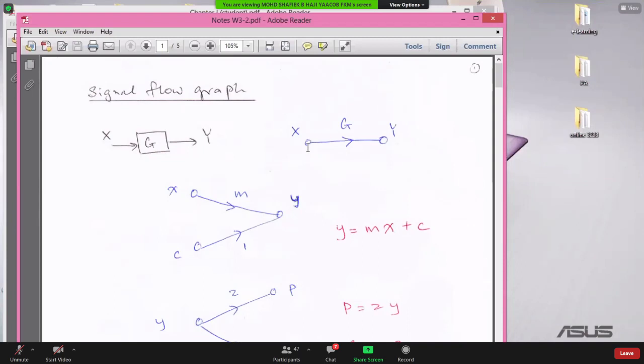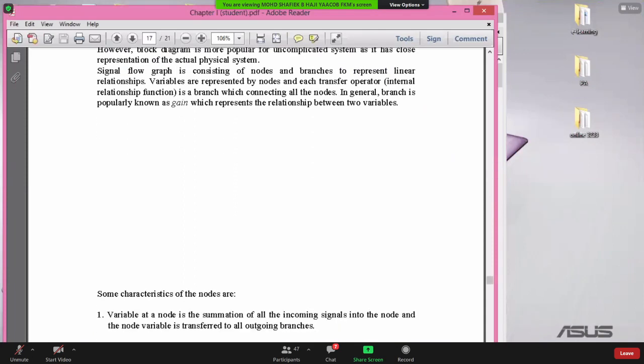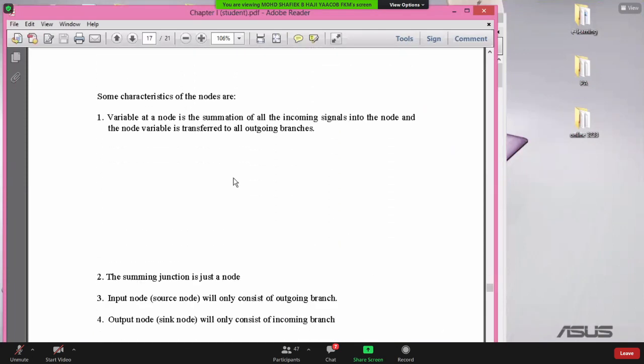A variable is represented by a node. What else? It says here, the variable at a node is the summation of all incoming signals, and the node variable is transferred to all outgoing branches.